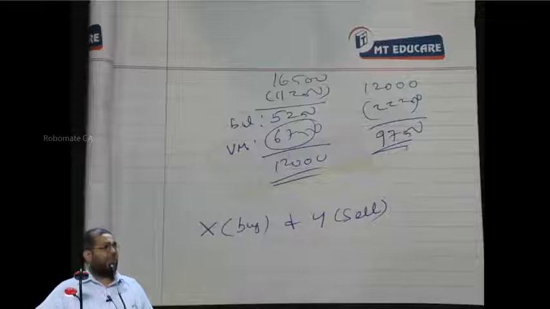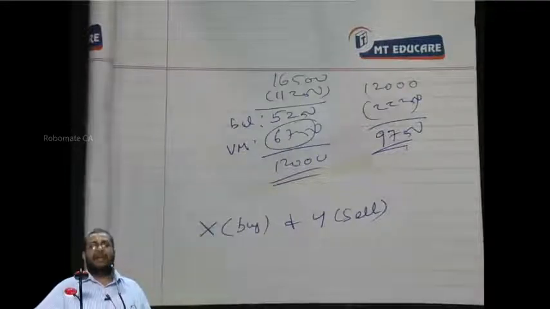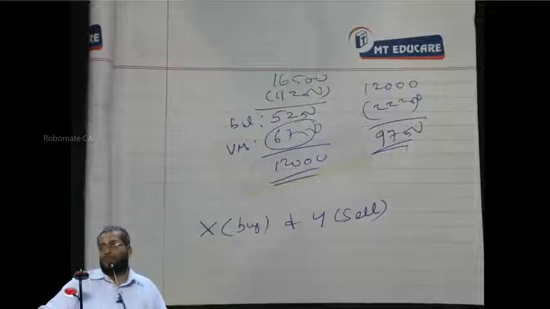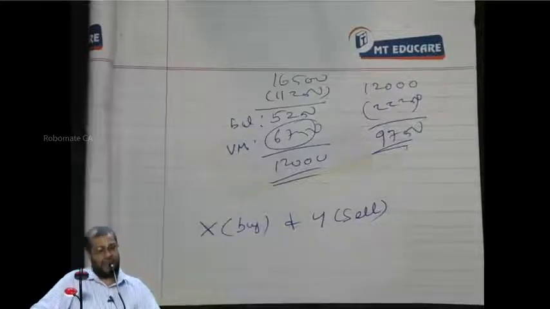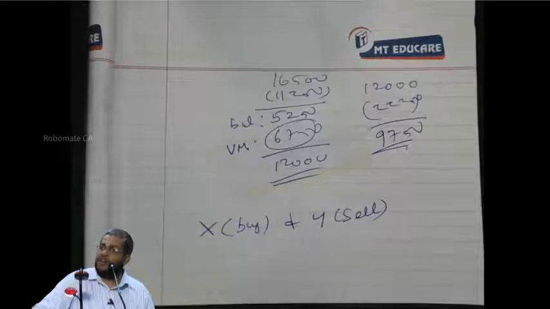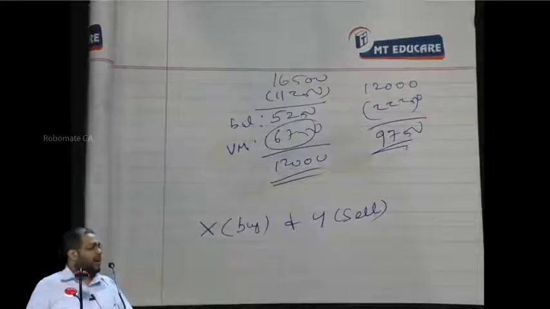S stands for standard, P for portfolio, AN for analysis. Bracket, standard portfolio analysis, bracket close. Everybody, are you following or not? Now, next, point number 5.